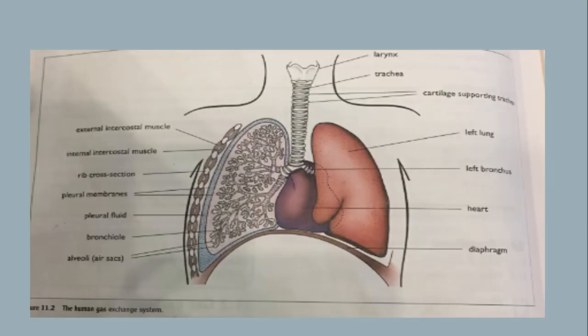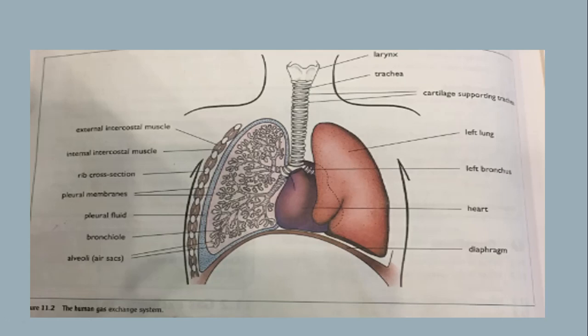Okay, let's move now to page 144, figure 11.2. This figure shows the path of the air. First of all, air gets inside your body through the nasal cavity, or through your nose. Then it goes down to the larynx, where we have vocal cords.